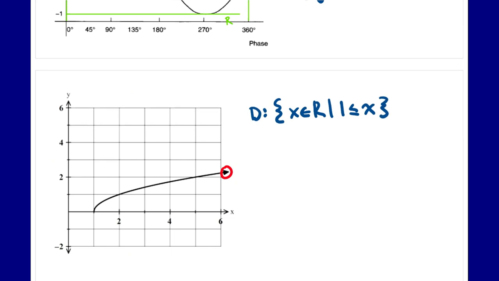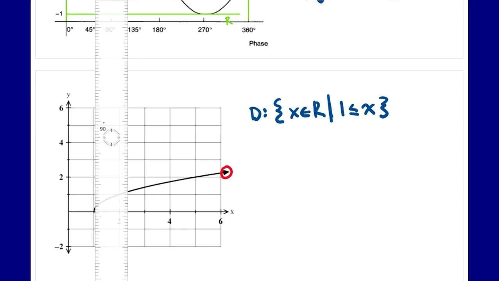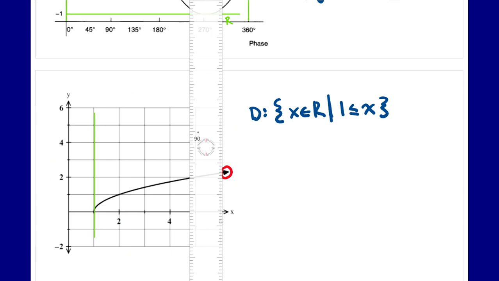I don't need to include that portion when there's infinity involved. It doesn't really restrict it any further. So this is the same thing. X is any real number, given that x is greater than or equal to 1. Because again, we can see this lower restriction. The x value is not going beyond that point.